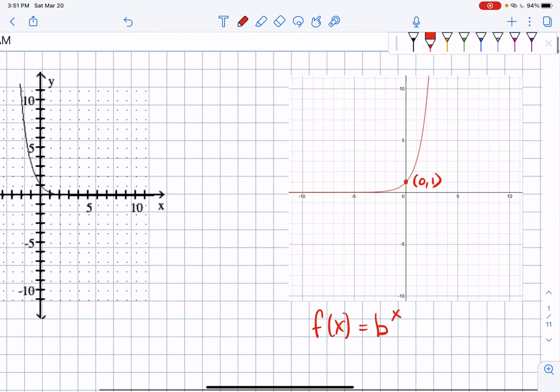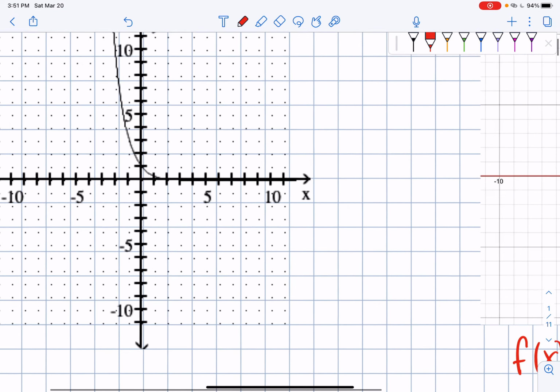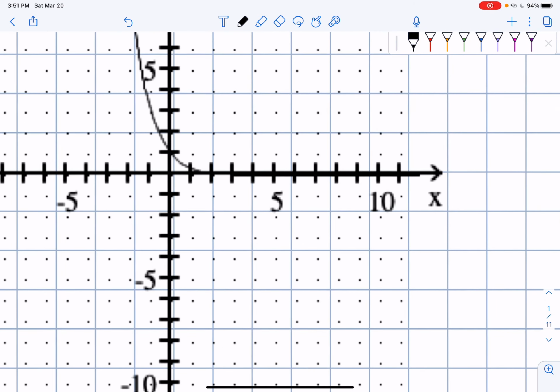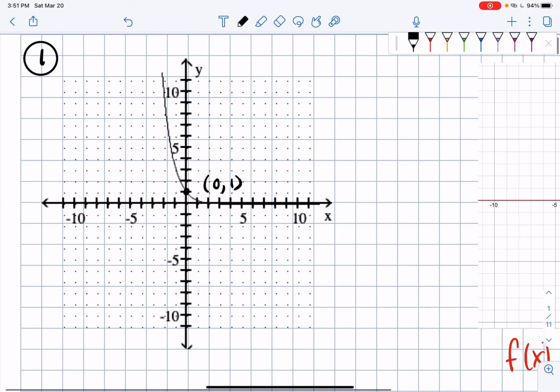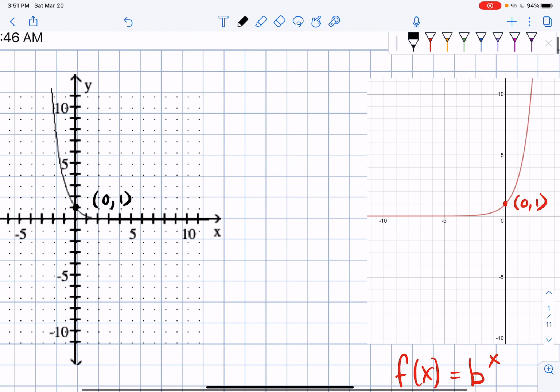Now, if you look over here, it crosses the point (0, 1) as well. So that means there's no shift up or down. The difference between these two graphs is the fact that it reflected over the y-axis.